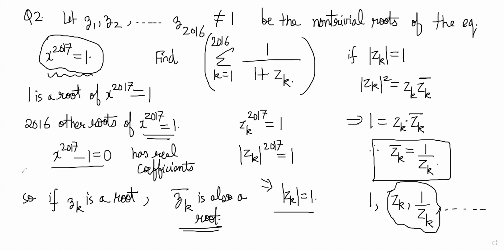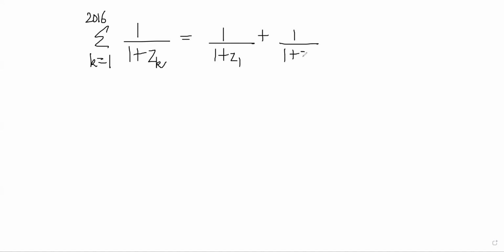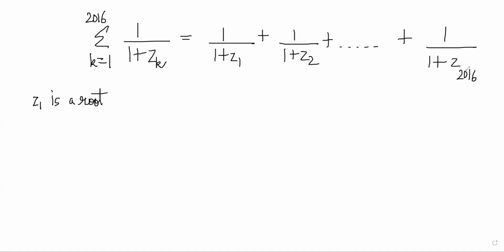Okay. So now think about how you want to add up k equal to 1 to 2016, 1 by 1 plus zk. Technically, I have to do 1 by 1 plus z1, plus 1 by 1 plus z2, and so on till all the roots are covered, 1 by 1 plus z power 2016. However, we know that if z1 is a root, then there will be some other root somewhere here which will be 1 by z1.